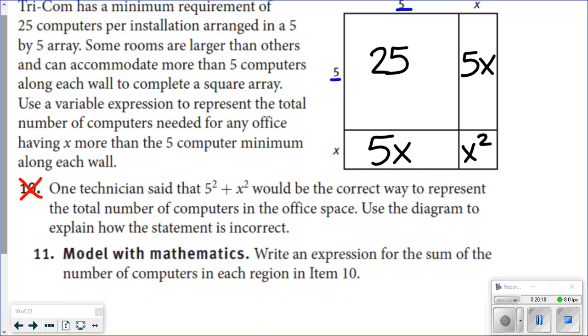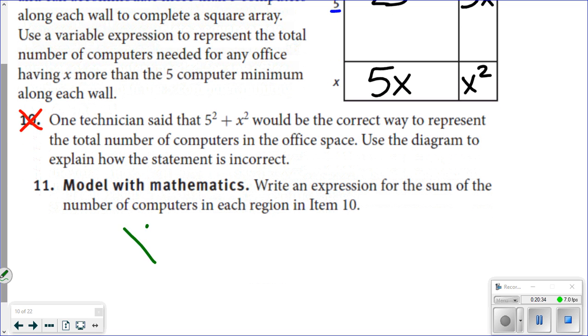So we're going to write an expression for the sum of the number of computers. So let's go ahead and add all 4 of these boxes up, and let's write our answer in standard form. So first I see an x squared. And on my diagonals, I have 5x plus 5x, which gives us 10x.